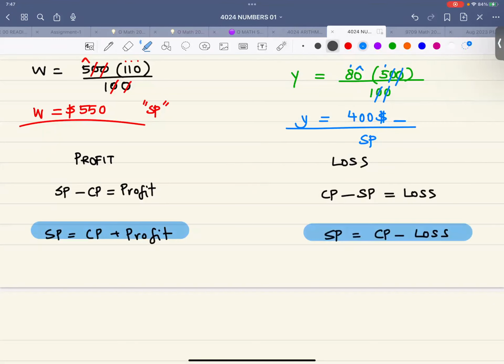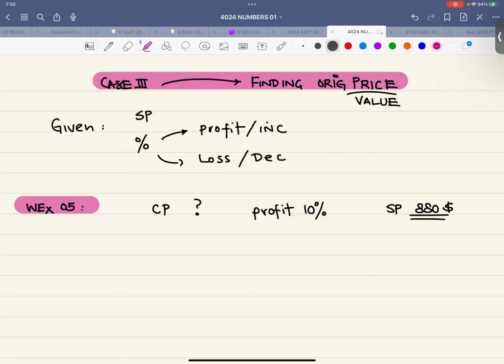There is a profit of 10%, and the selling price is $880. How do you think I should solve this? I need some hints from you. This time, the cost price is unknown. The profit is 10%. The selling price is $880.